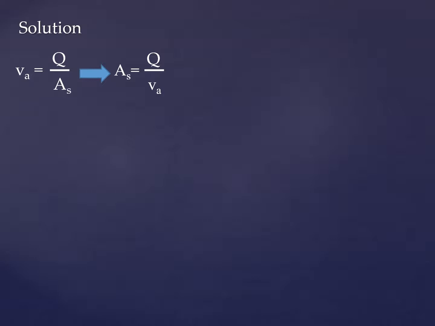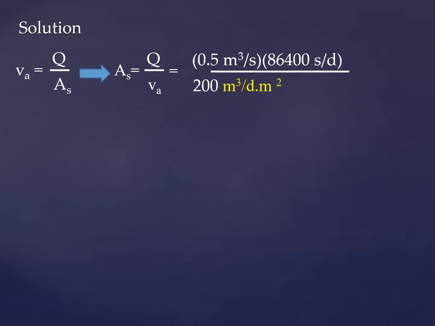Area as surface will be Q, or flow rate, over velocity. That equals our flow rate of 0.5 meters cubed per second divided by velocity, 200 meters cubed per day per meter squared.